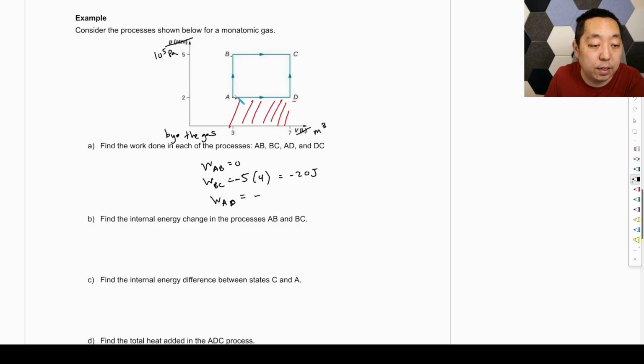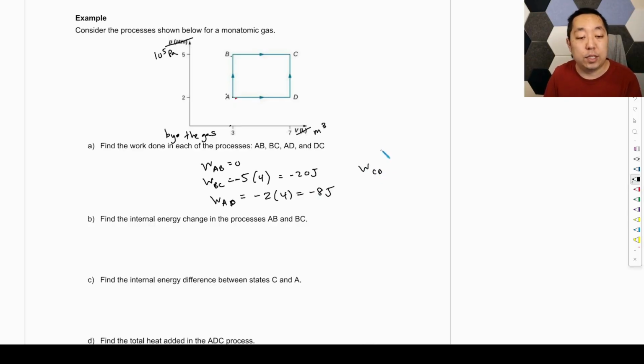The height of that is 2, and the width is 4. So it's negative 8 joules, because that's a rectangle, just 2 by 4. And then work from C to D, because there's no change in volume, it's not expanding or compressing, the work there is 0.